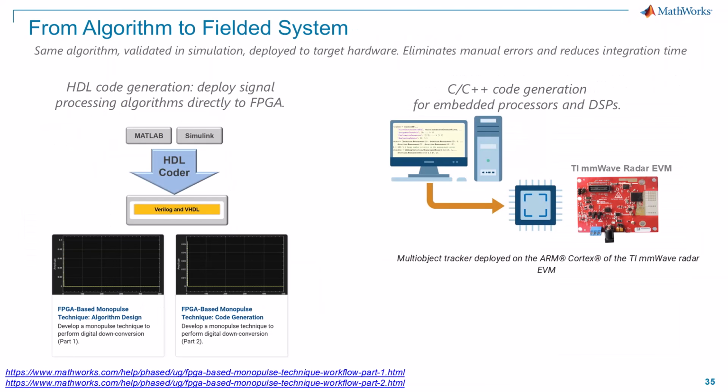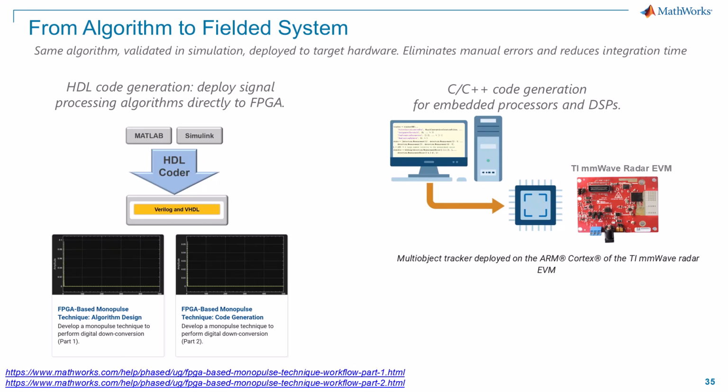Everything I've shown so far runs in MATLAB on your desktop, but these algorithms need to execute on FPGA fabric and embedded processors in fielded systems. This is where the simulation to deployment story matters the most. On the left, HDL Coder generates synthesizable Verilog and VHDL directly from your MATLAB or Simulink algorithm. No manual HDL coding.